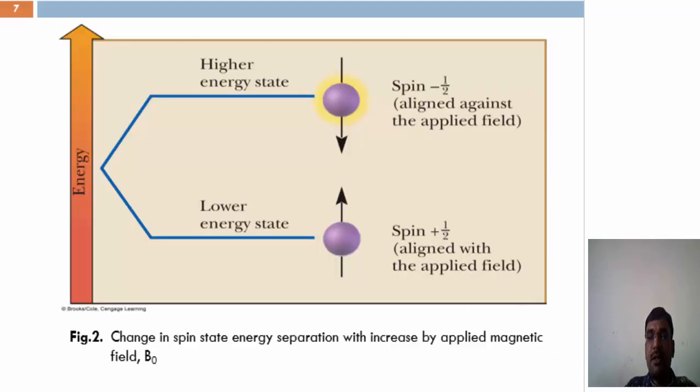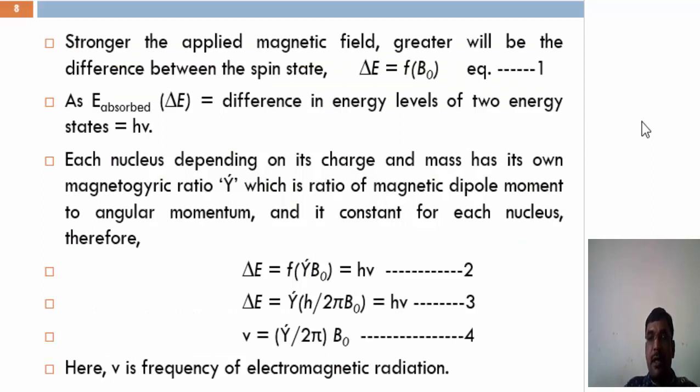These are the two spin states: aligned with the applied field, and aligned against the applied field. The stronger the applied magnetic field, the greater the distance between the spin states.